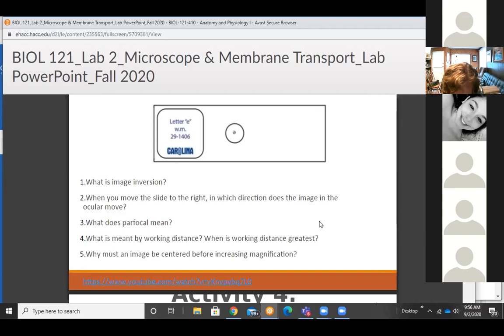The field of view is the greatest when you have the smallest objective, which is the red one, and it's the least when you have the bigger objective. Right, because the more you bump up your magnification, the lower your field of view is going to be.